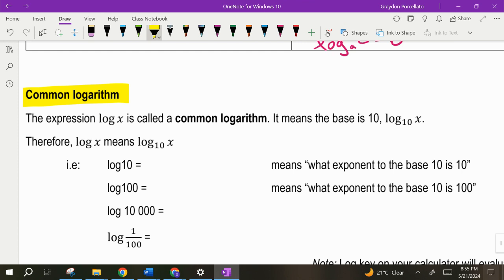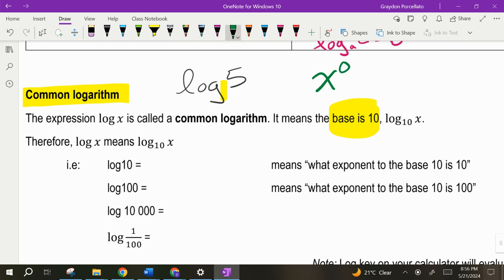Okay? So in general, whenever we're writing just log, if I write the log of 5, and I don't write a base, I leave this part blank, we assume that our base is 10. It's kind of like if I write an exponent and I don't put an exponent there, we assume that exponent is 1.